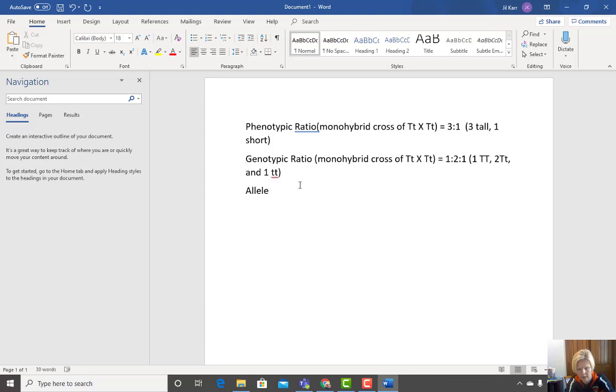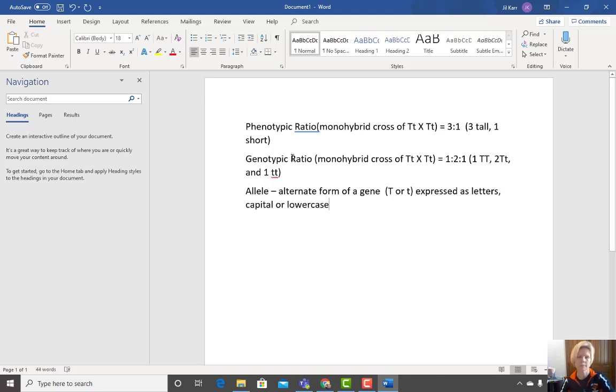An allele we can define as an alternate form of a gene. Big T or little t are examples of alleles. They're expressed as letters, capital or lowercase. These are alleles, alternate forms of a gene. That's the definition of that.